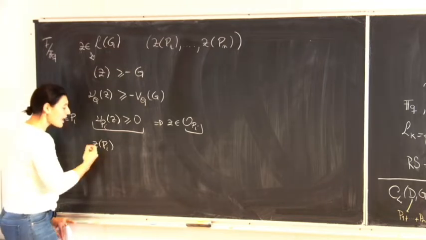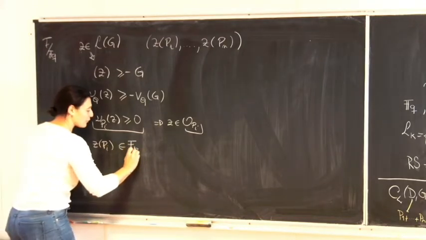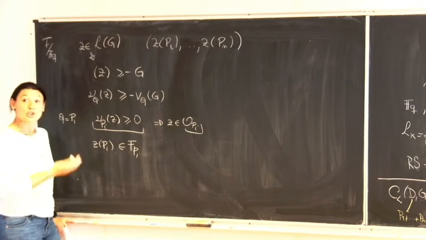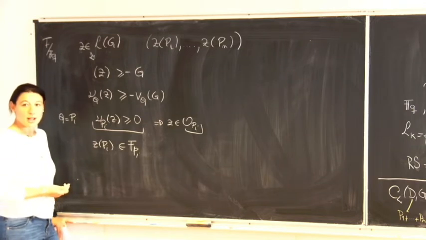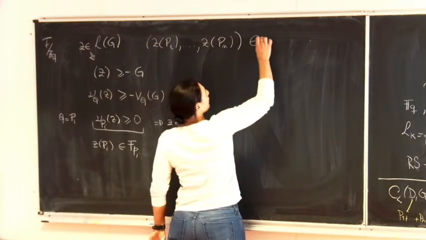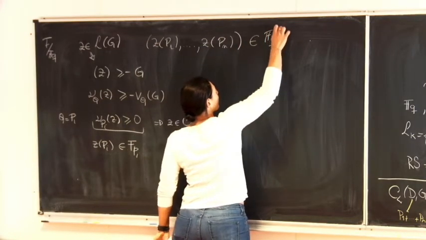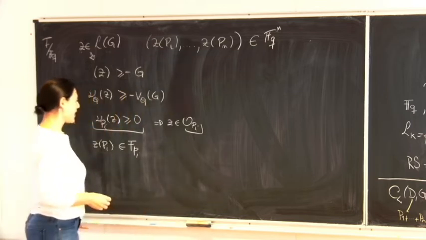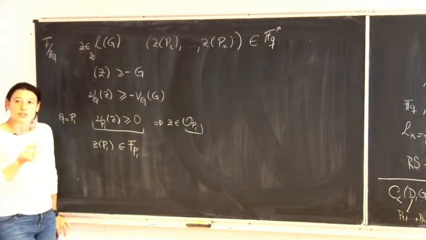So this thing actually belongs to F_pi. It's not an infinite element. But that's not enough for us because we want this to be a word of Fq to the n. And now we have to use that the place is a degree 1 place.